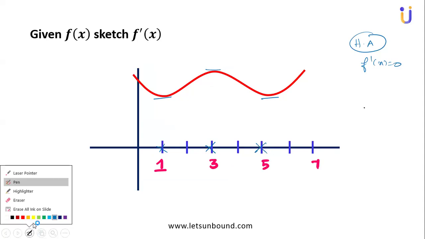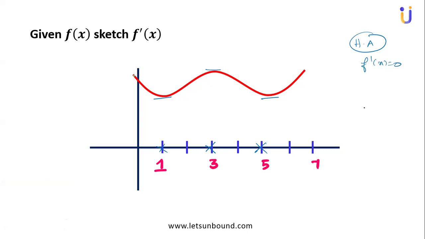Now f of x is decreasing, then increasing, then decreasing and increasing. So if f of x is going down, f dash of x should be negative.